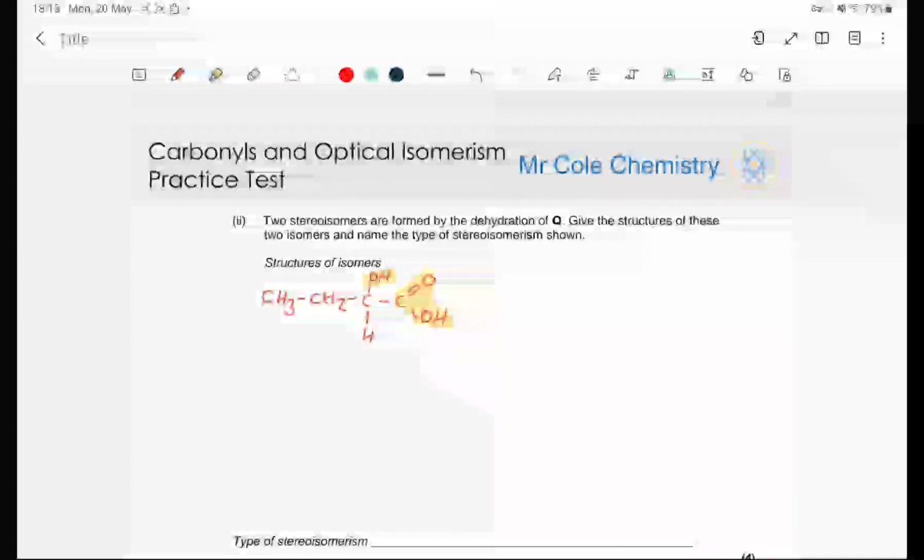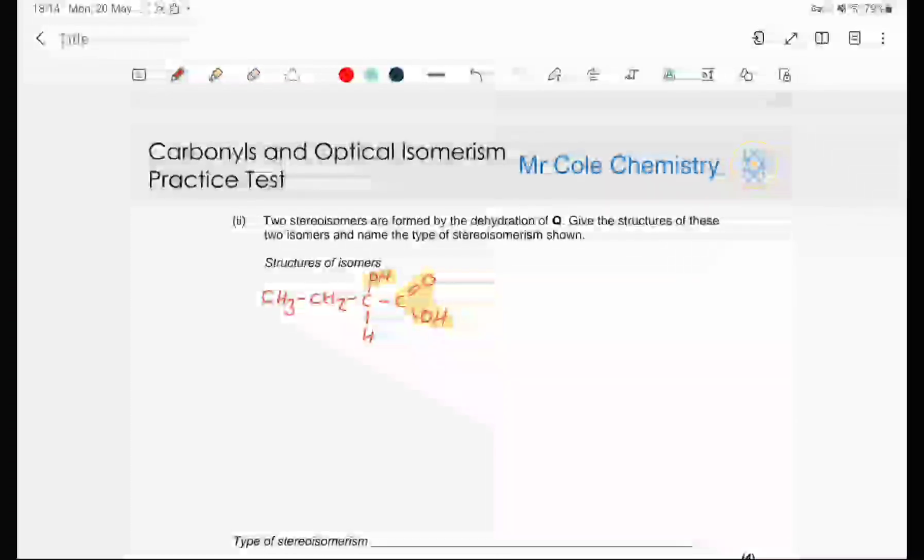So when you dehydrate an alcohol, you remove water and you make an alkene. Now, the interesting thing about this is that normally when you're looking at the dehydration of an alcohol, you can have the left-hand carbon to the one with the OH or the right-hand carbon forming the double bond. And you can have different isomers because of that. So you can actually end up with structural isomerism as well.